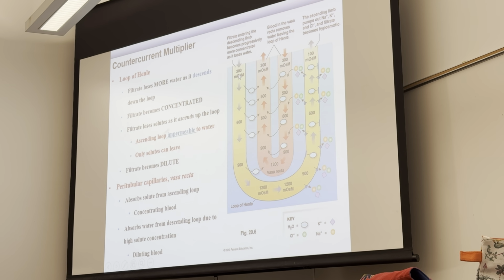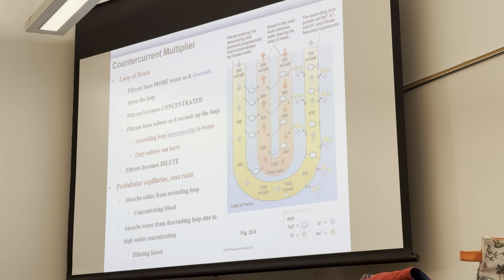It's going to leave the descending loop of Henle and enter the higher osmolarity level of the vasa recta. And the opposite is happening here, because as the vasa recta comes down, dipping along the loop of Henle, the ascending limb, as it's shown here with these little bubbles of water, is blocked, so the water is not leaving.